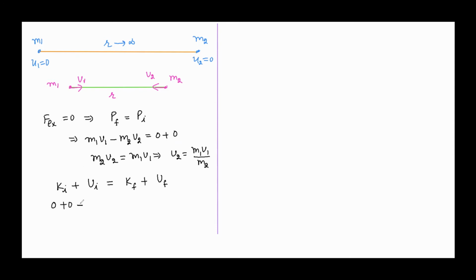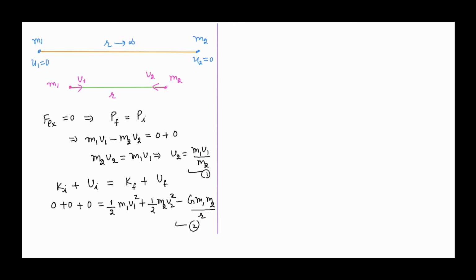Distance is infinity, potential energy is zero. When their distance is r apart, the kinetic energy of one mass is half m1 v1 square, of the second mass is half m2 v2 square. And you can say their potential energy will be minus G m1 m2 by r. Now this is equation 1, this is equation 2.